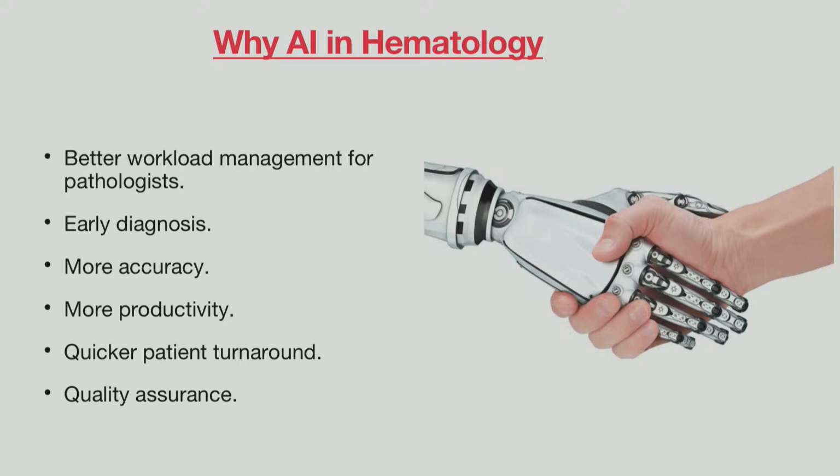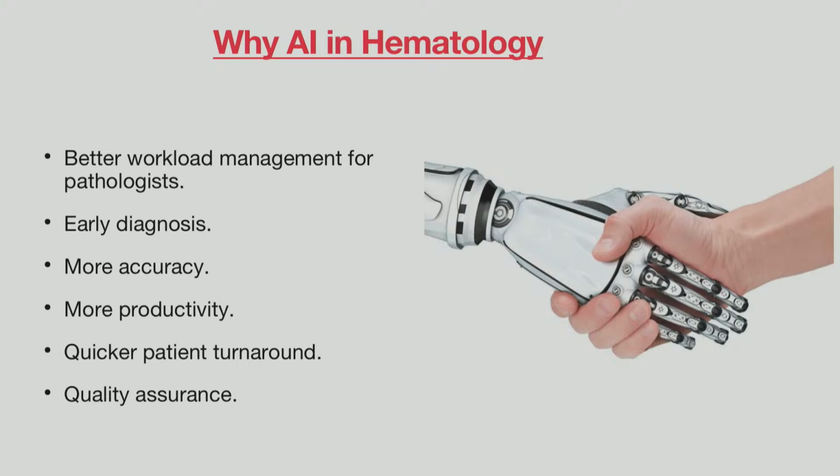Likewise, in bone marrow aspirate slides, in each case we have to screen 7 to 10 slides to give the percentage of blasts. So if AI is there, it definitely helps. It assists the hematologist, makes the work easier, and helps in screening and early diagnosis.